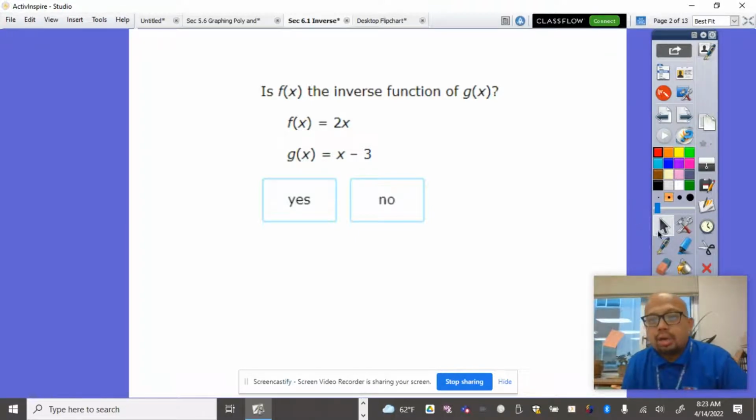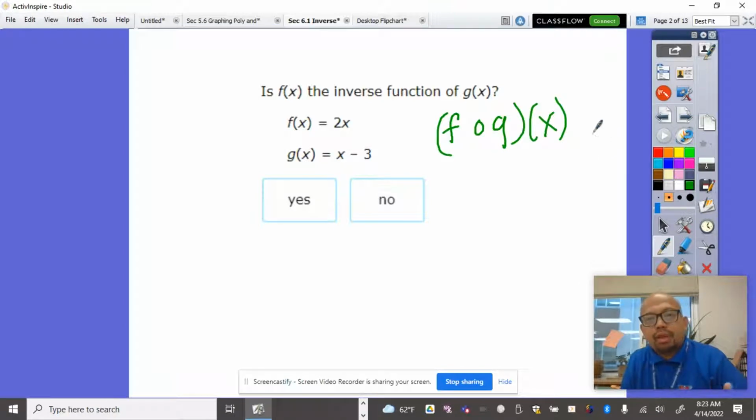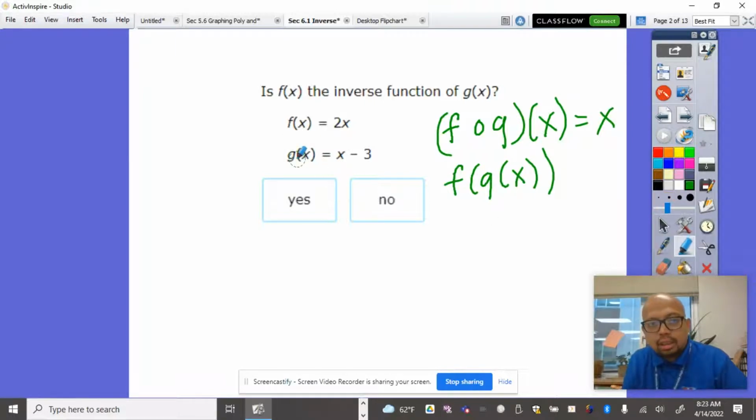There are two ways. First, we use the composite or the definition of f of g of x. If f of g of x is equal to x, then they're inverses of each other. So f of g of x means the g of x will go into the x of f.